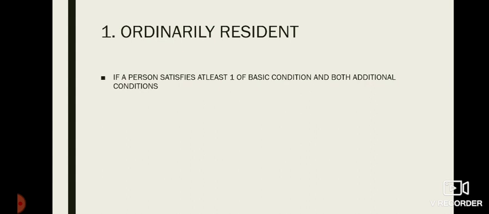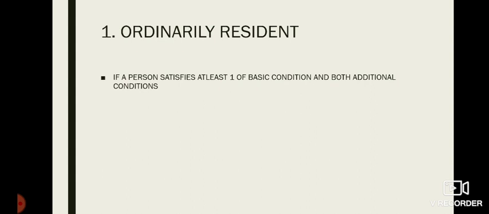To be called an ordinarily resident, a person has to satisfy at least one of the basic conditions and both the additional conditions compulsorily. So, to be called ordinarily resident, we have 2 basic conditions and 2 additional conditions. If a person satisfies any one basic condition, what are the basic conditions?